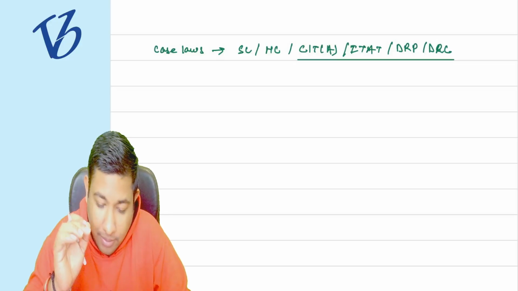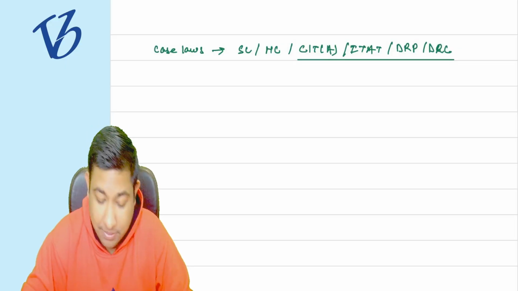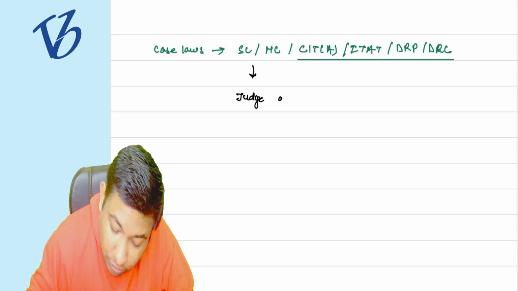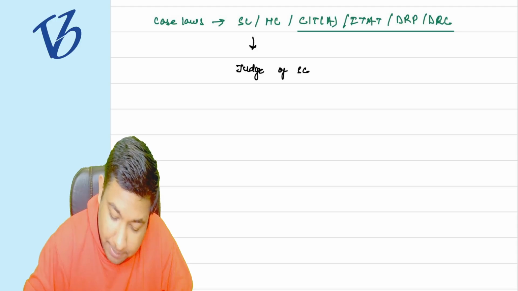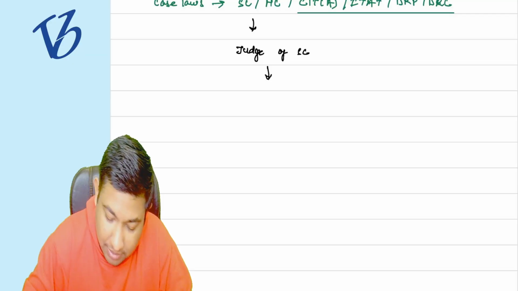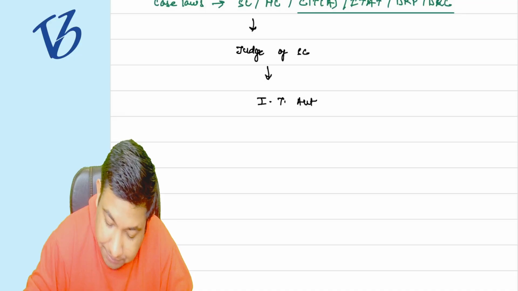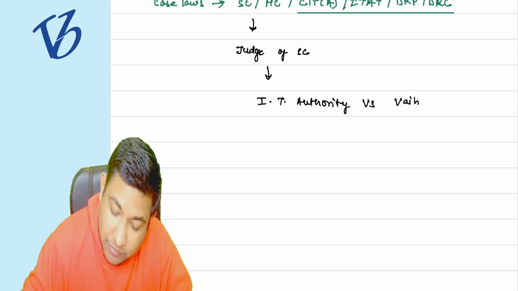Now, I want to ask you one particular question. There is a judge of the Supreme Court. The matter that comes to the judge is the case of Income Tax Authority versus, suppose, Weber Bansal.